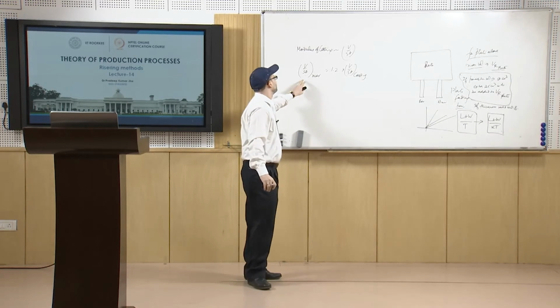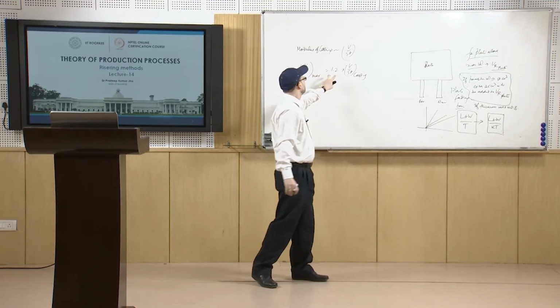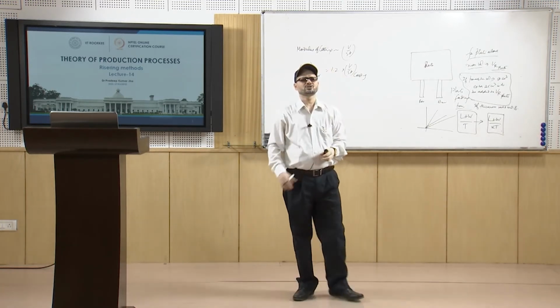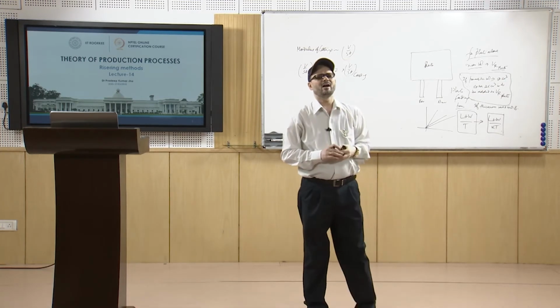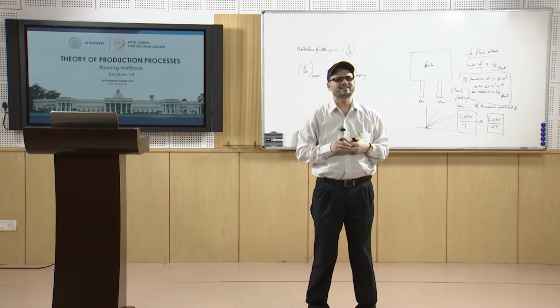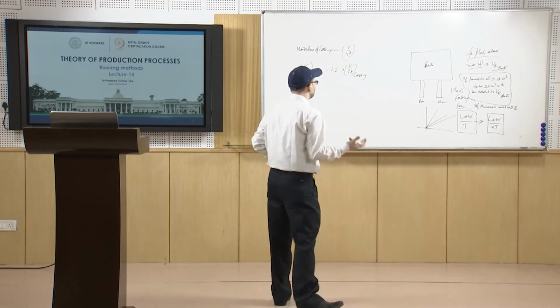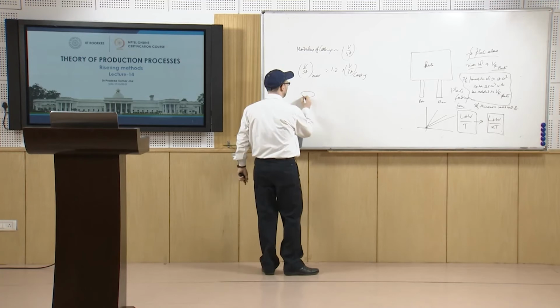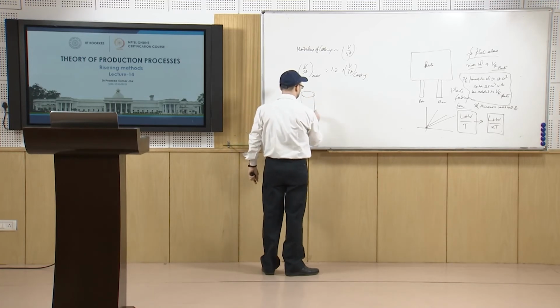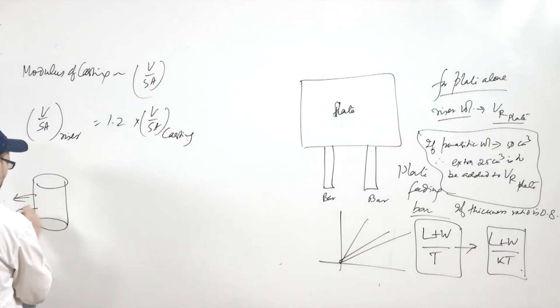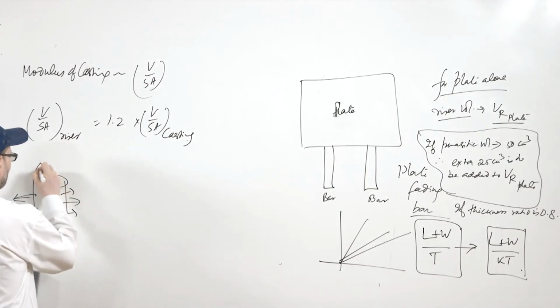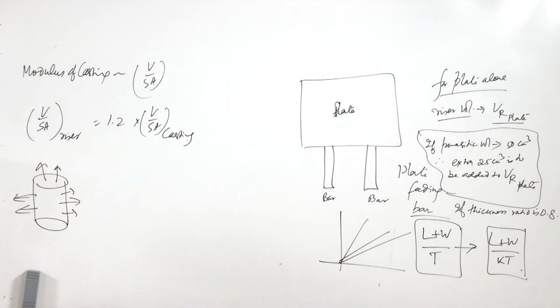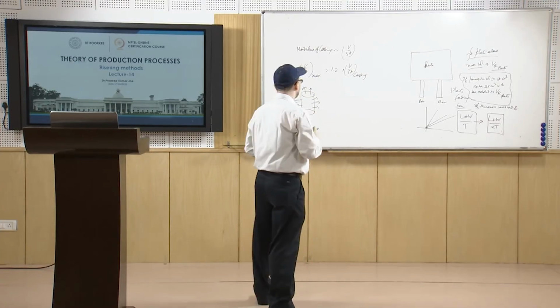Suppose for a cylindrical side riser, where you take height and diameter, we discussed that you assume the bottom part is not contributing, only the top part is contributing. So for that the volume by surface area will be D by 5.